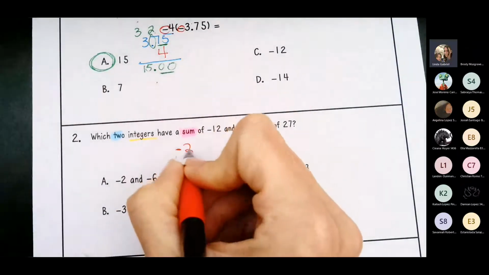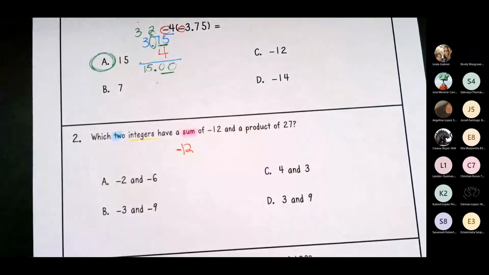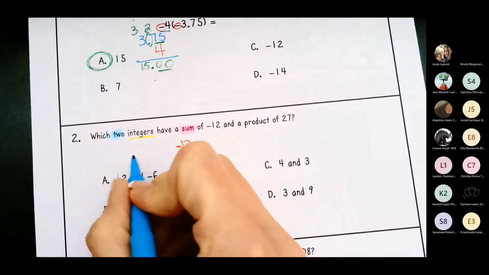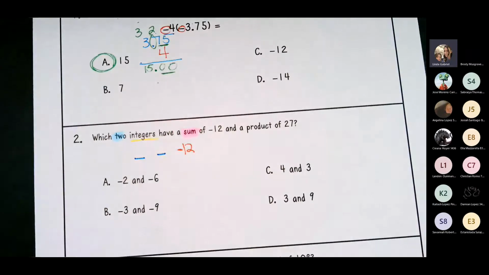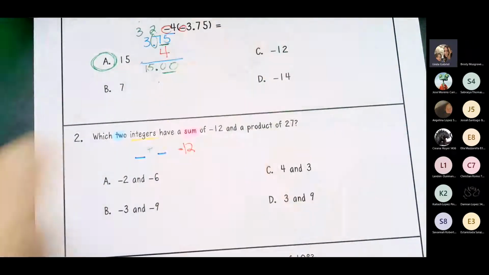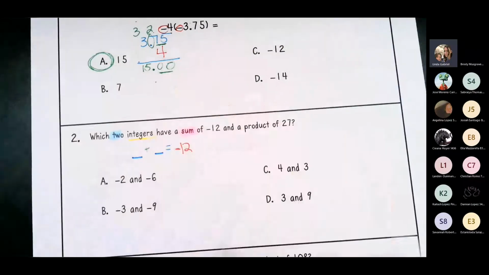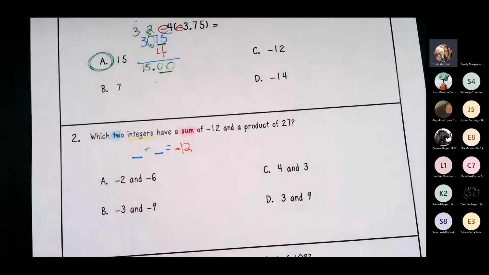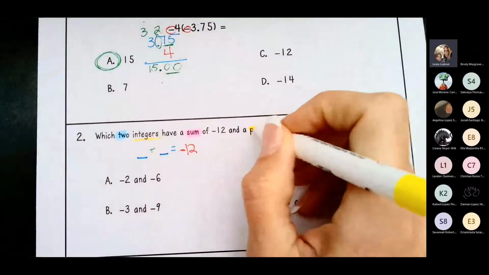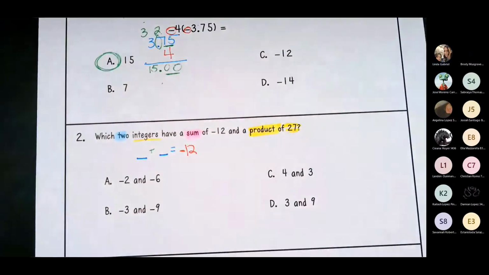The sum means I'm going to add, right? Add up the two numbers and they should equal negative 12. And the product of those two numbers is going to be 27.